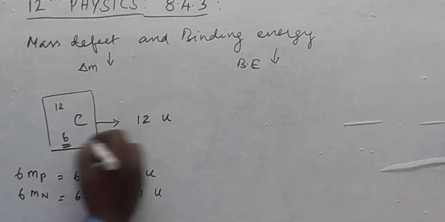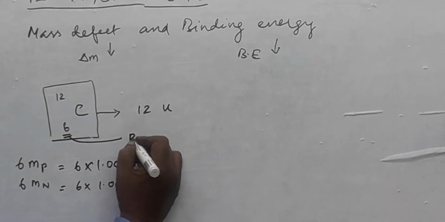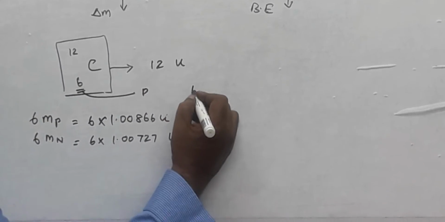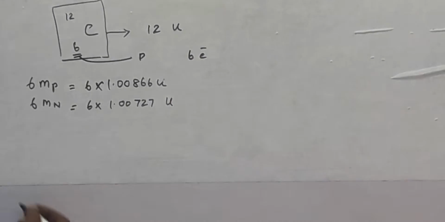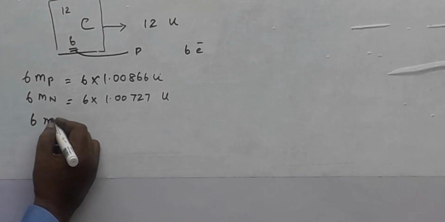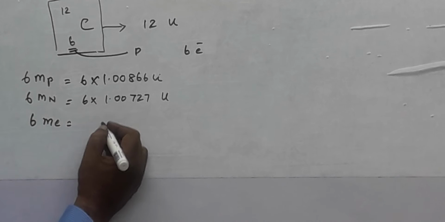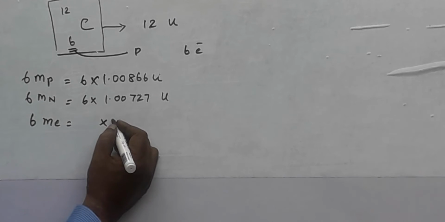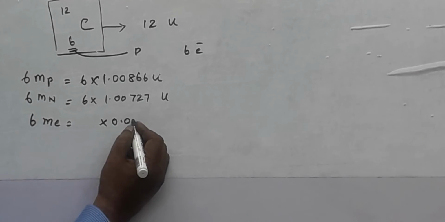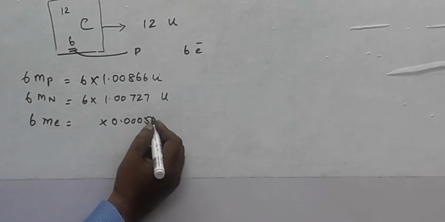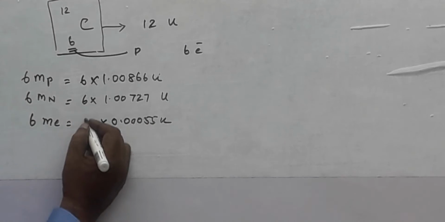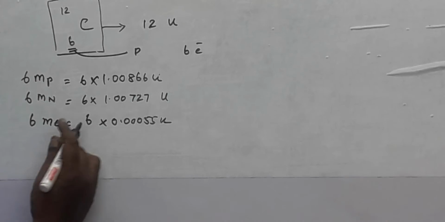If there are 6 protons, there must be 6 electrons. The mass of 1 electron is equal to 0.0005 atomic mass unit, multiplied by 6.